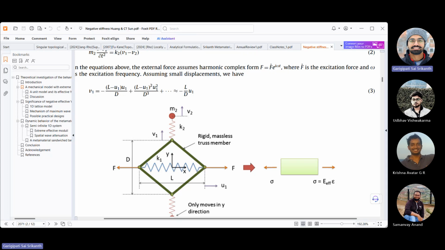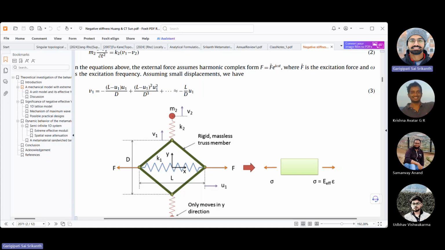So L by D is an aspect ratio that is really, really important. And these truss-based systems are the backbone of, as we'll see later, inertially amplified systems. So this is how V1, through equation 3, is constrained to move according to how U1 moves.